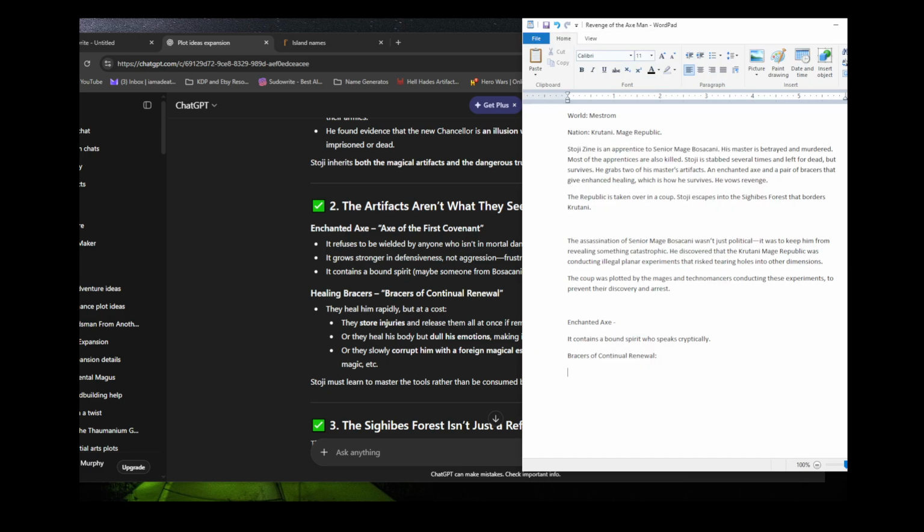Corruption, no. I just wanted these to be kind of plot points. Maybe the axe doesn't need a name.